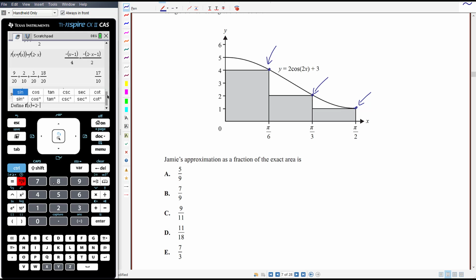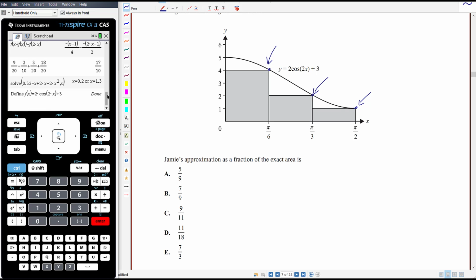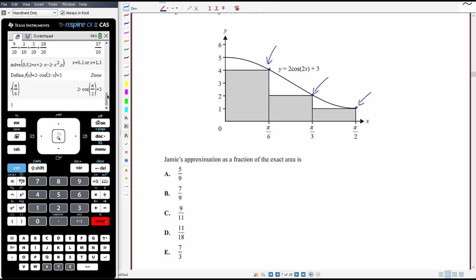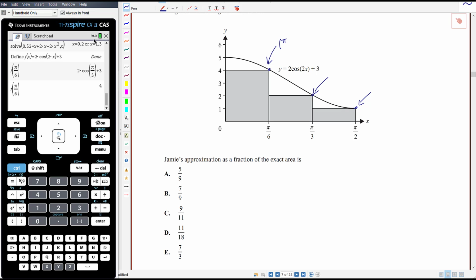F of x equals 2 times cos. If you know your exact values very well, this might be more efficient for you to do by hand, but that's a decision to be made. Okay, so f of pi on 6, oh sorry, I'm in degrees. Alright, try again. F of pi on 6 is 4, so this is the point pi on 6, 4.